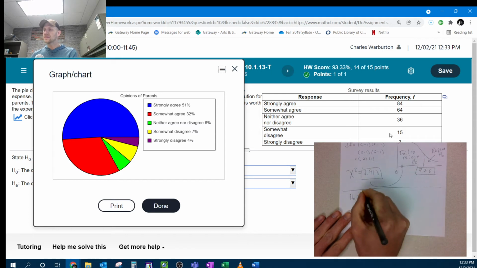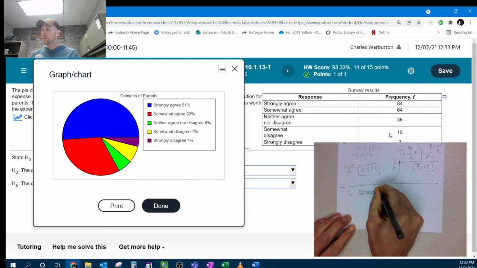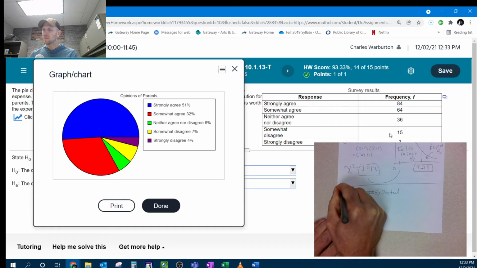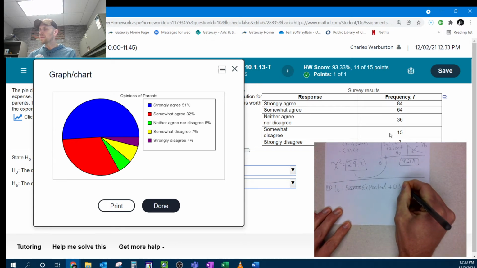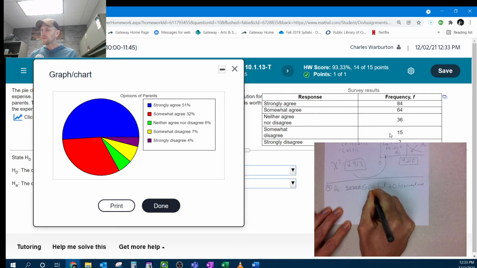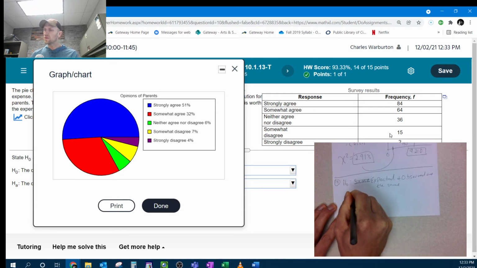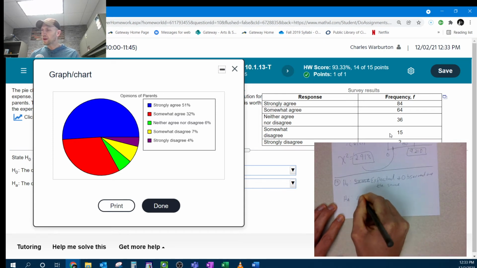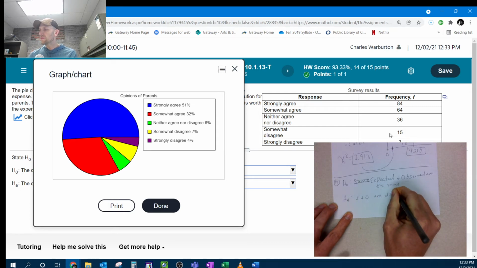The null hypothesis says that the expected and the observed are the same. And then the alternative says, no, they're not. They're different. The expected and the observed are different.